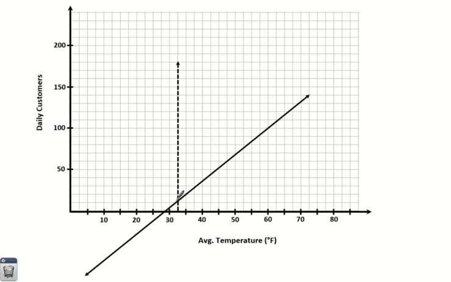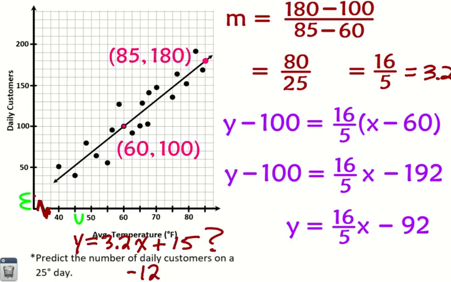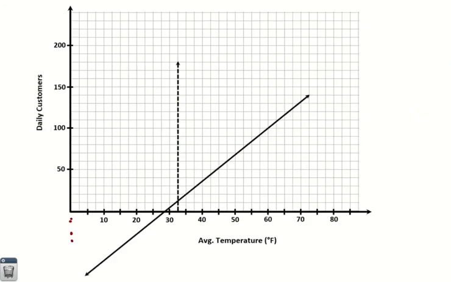The real y-axis is way over here, so that's why the y-intercept is actually negative 92, not 15-ish or 16-ish. The actual was negative 92, because without the little jagged thing, this is what the real graph looks like.